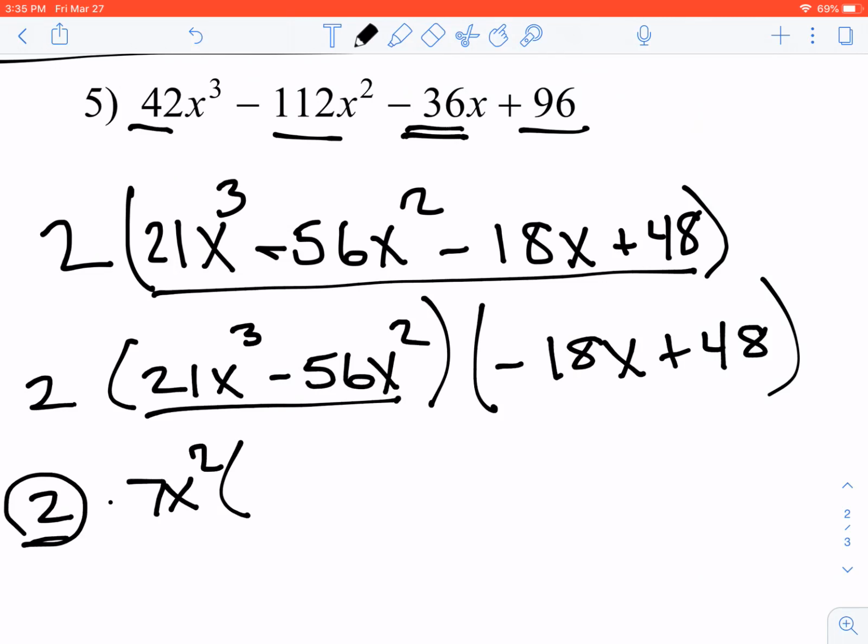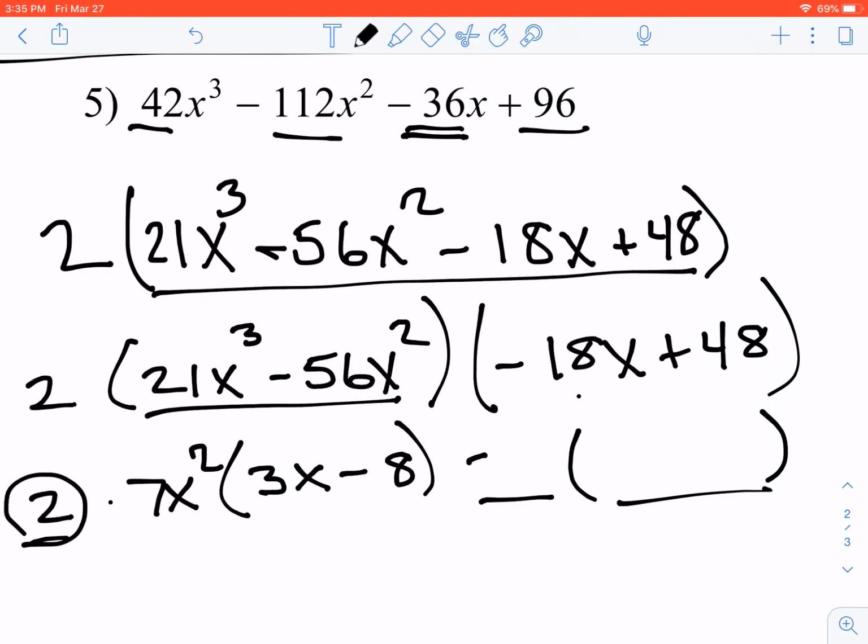So what am I left with inside? 3x. What am I left with over here? 8. So I need to be left with, in parentheses here, after I take out my GCF, 3x minus 8. Okay, so how do I get a positive 3 here? What would I divide negative 18 by to leave me with a positive 3?